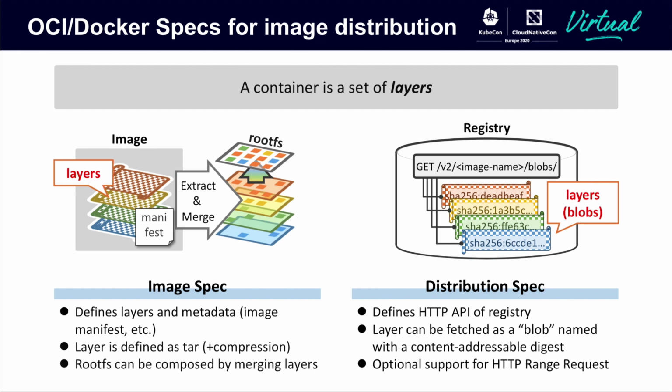In distribution spec, it defines the HTTP API of registry, and a layer can be fetched as a blob named with a content addressable digest. And registries optionally support HTTP range request, which enables us to fetch the partial ranges in a blob on the registry.